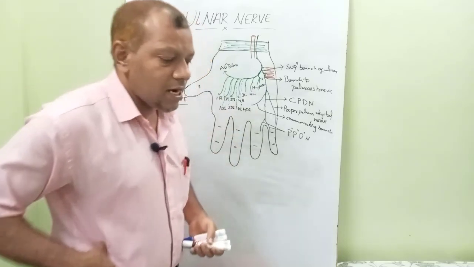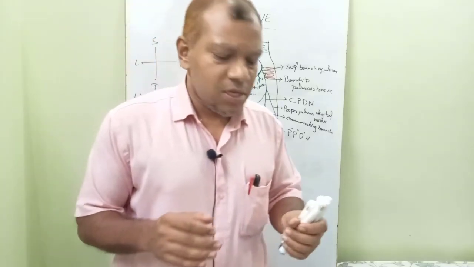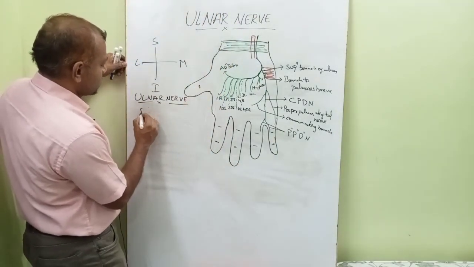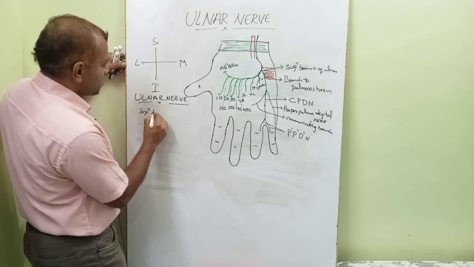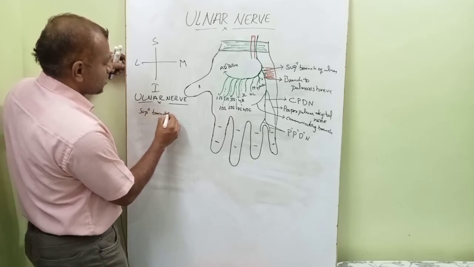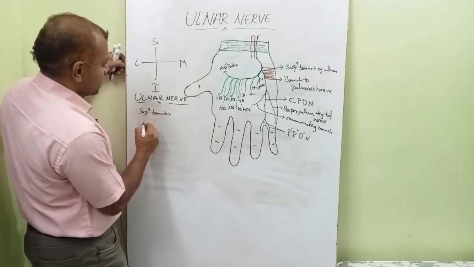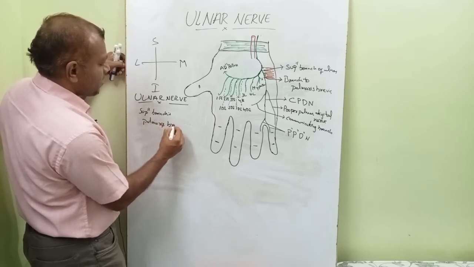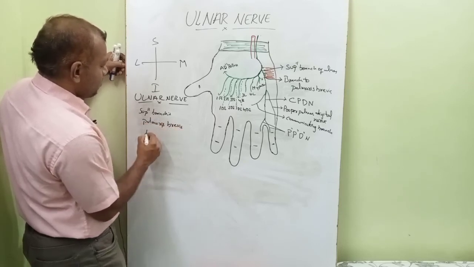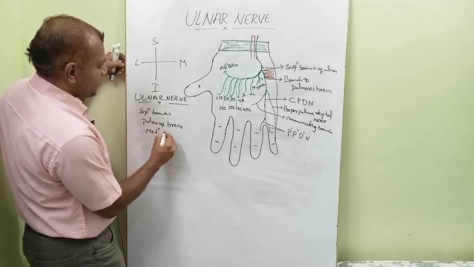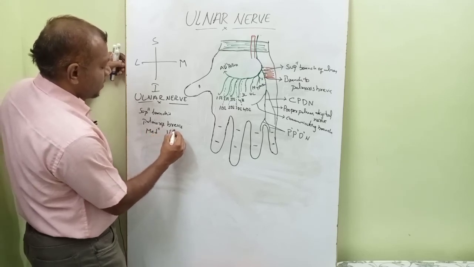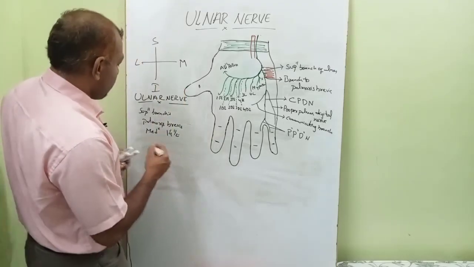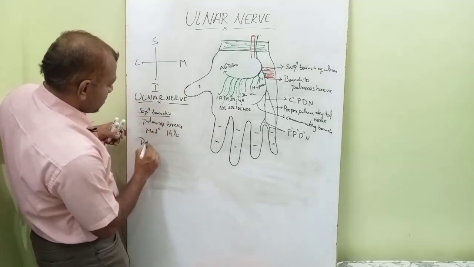So that is about the ulnar nerve, my dear friends. It is very easy. I will write down what muscles are supplied by the superficial branch and the deep branch. The superficial branch supplies first the palmaris brevis, then the medial 1.5 fingers. What about the deep branch?